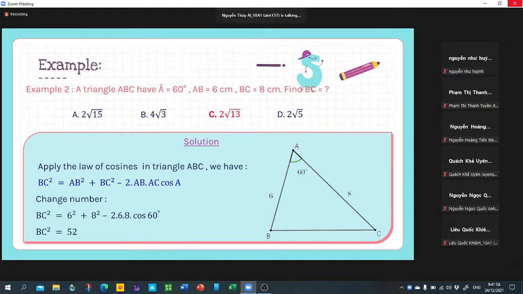BC squared equals 52. We get the answer 2 square root 13.